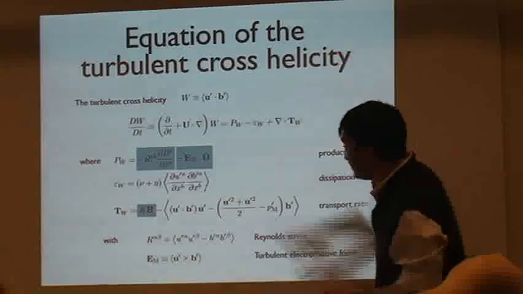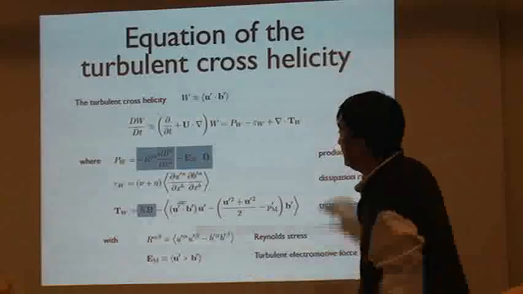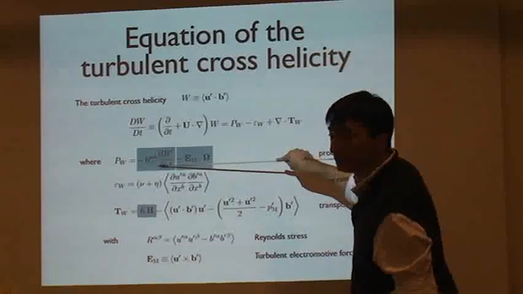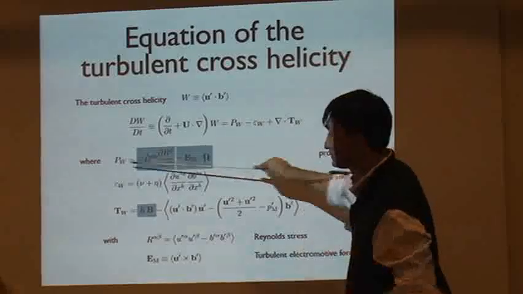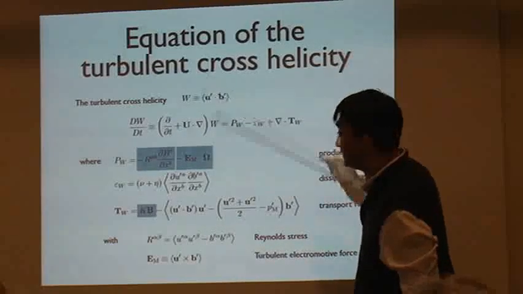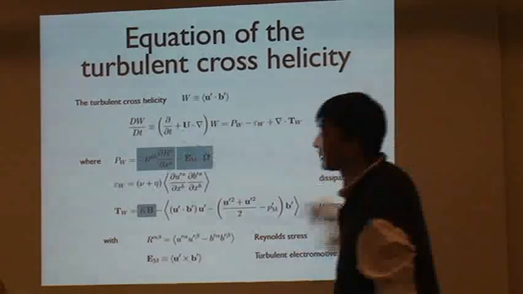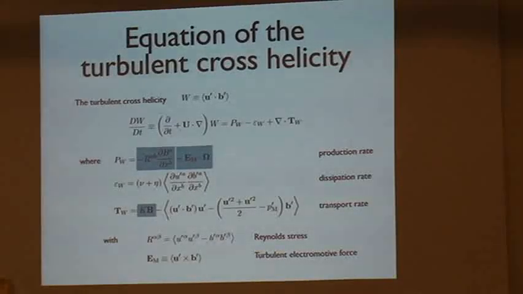At this stage, this is an exact equation. Then we have large-scale magnetic shear coupled with Reynolds stress. This is one production term for the turbulent cross-density. The second one is EM dot omega. As I will show, the primary one is also this one.